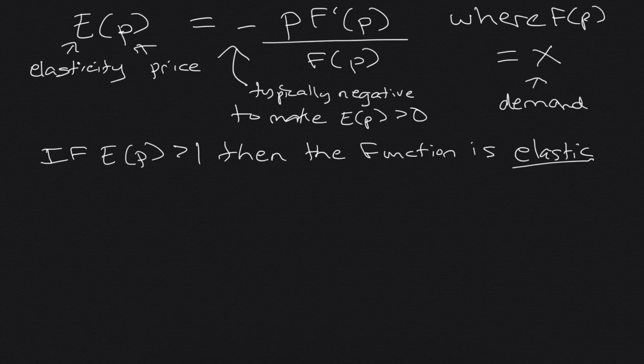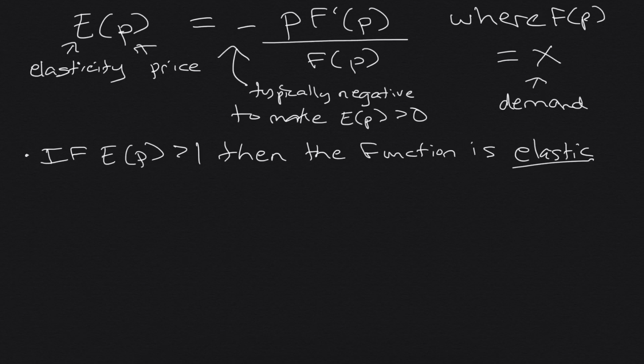And what this means is if you change the price by a certain amount, if E of P is greater than 1, if your function is elastic, you can expect the demand to change by more than that same amount, relatively speaking.